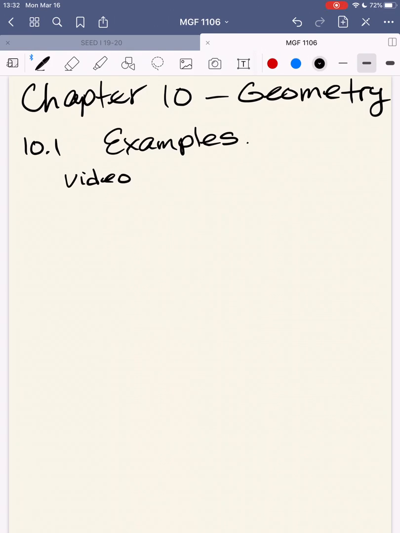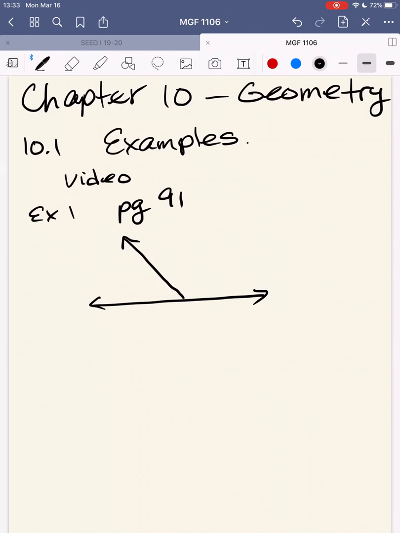In these examples, we're looking at complementary and supplementary angles. For example 1, this is on page 91, I want to look at two angles. I have angles that are drawn, and I have B, a point A and a point C, and a D here.